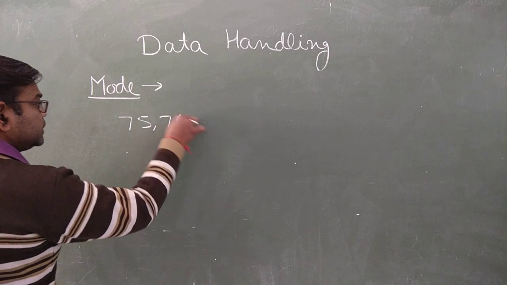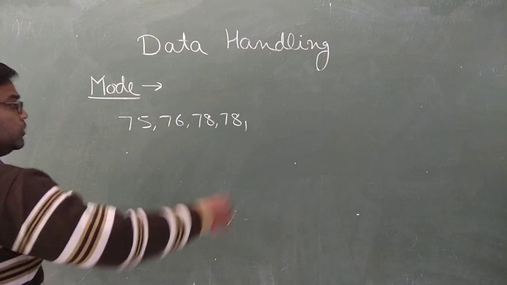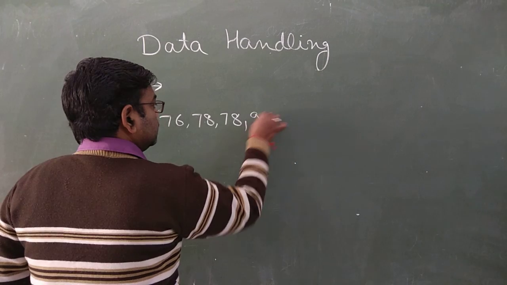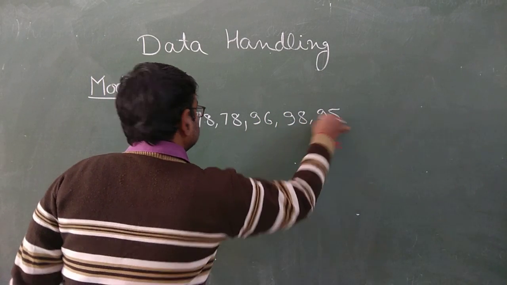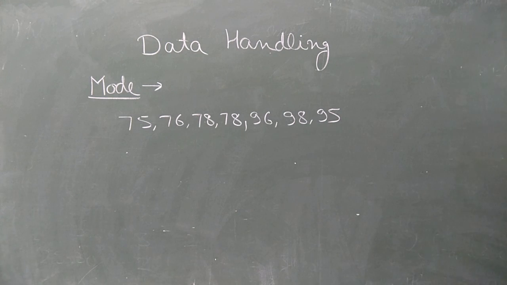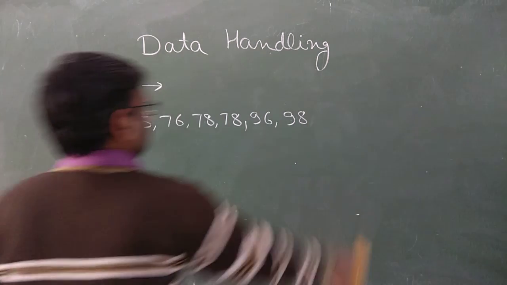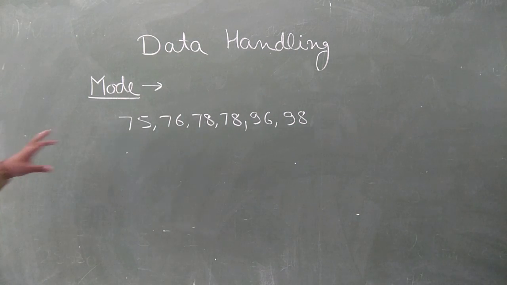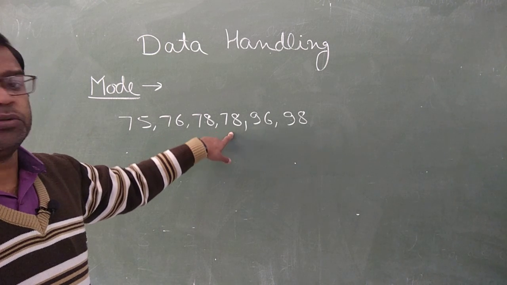That data is 75, 76, 78, 78. I am using some new data. Then 96, 98, 95. Clear? When you observe, you can see that in this case 78 is written 2 times.